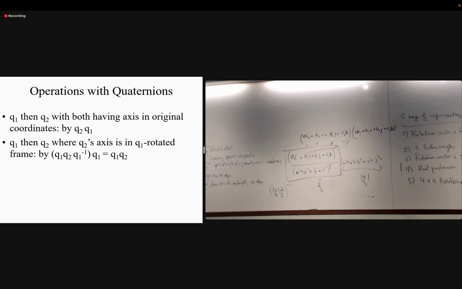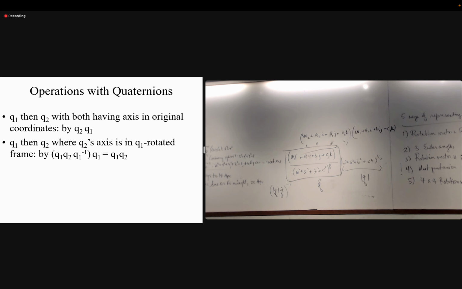The representation in that new coordinate system of horizontal, vertical is not the same as the horizontal, vertical that you had before. And so if the axis of the second rotation is in the new coordinate system, you got to play this game here. You got to rotate the axis back, then apply Q2, and then rotate it forward again.